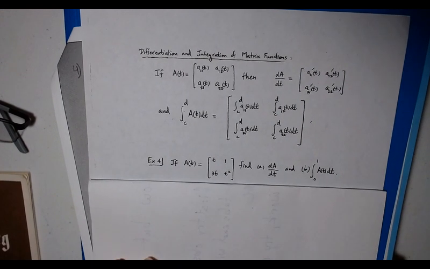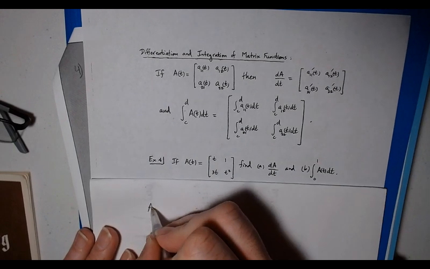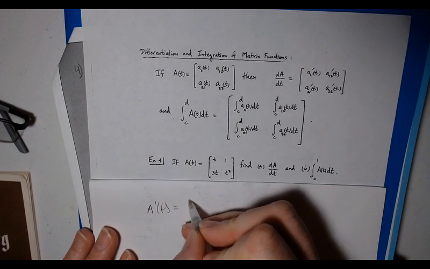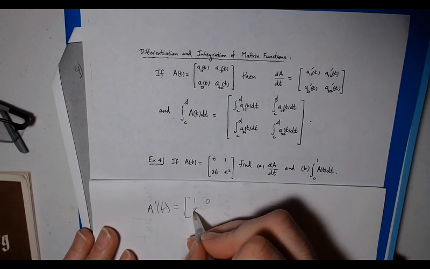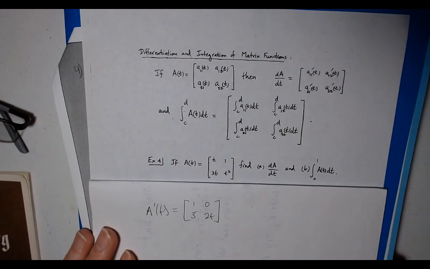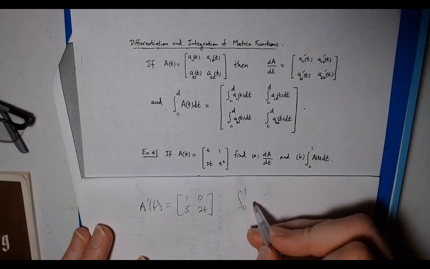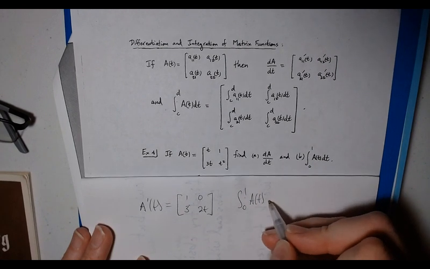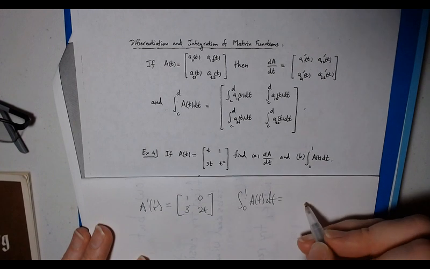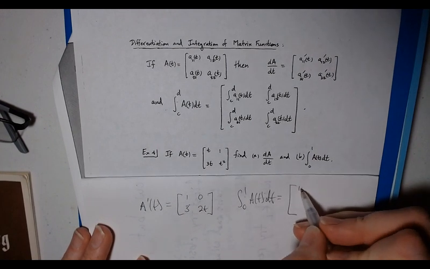So I've got A is t, 1, 3t, t squared, and I want to find A prime of t. So A prime of t is simply 1, 0, 3, 2t, just taking the derivative of each of those. And the integral from 0 to 1 of A of t dt is equal to, well, the integral from 0 to 1 of t is going to be 1/2, right?